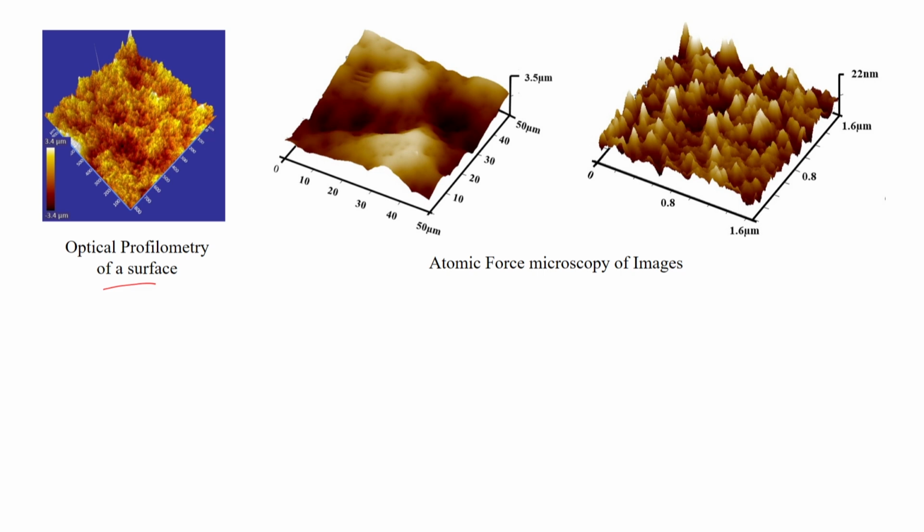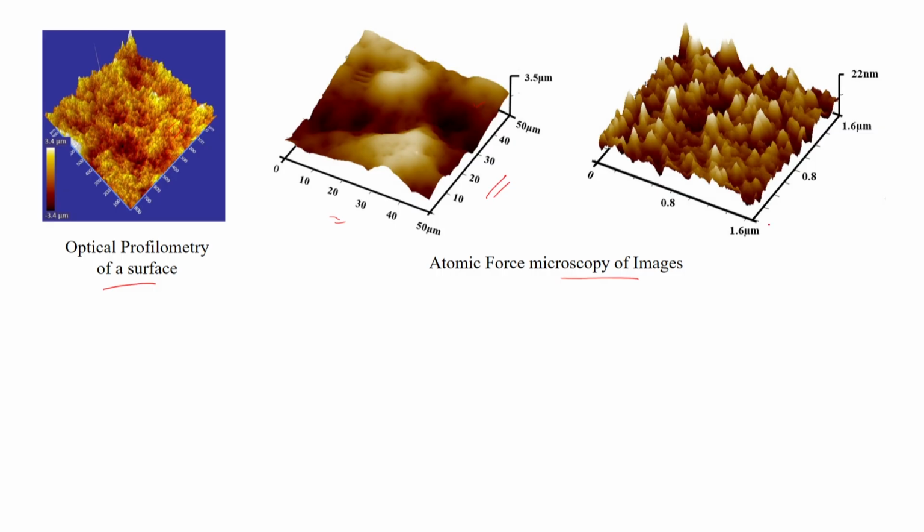Then you take a small part of this surface and magnify it using atomic force microscopy, examining it within 50 by 50 micron, and you will have this kind of surface feature.